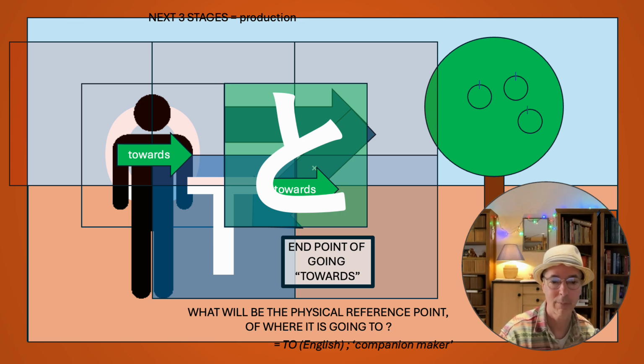at this point? What is the physical reference point in this case? That we have a moment further on. What is it? That we have a moment further on in space, because that's a spatial physical reference. That's to.